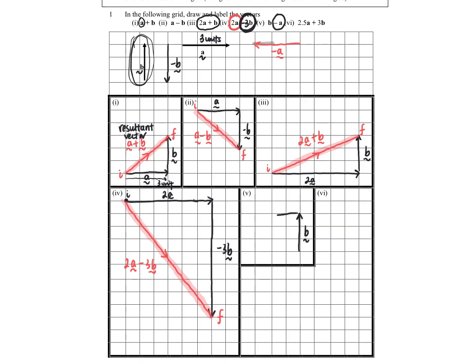So I move to the left 3 units. So this is my initial point. I'm ending here. So this is my movement, B minus A. So I move B first, then I do a minus A. So this is my initial and final.